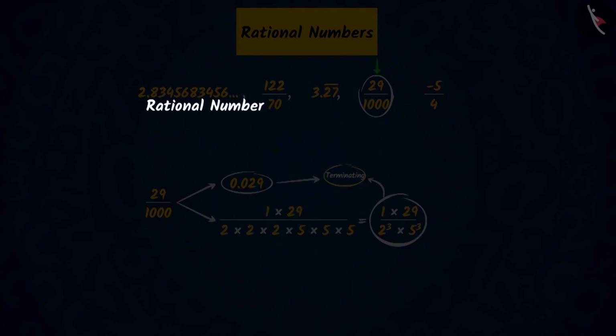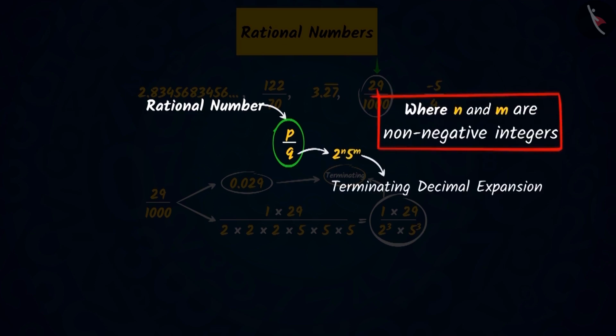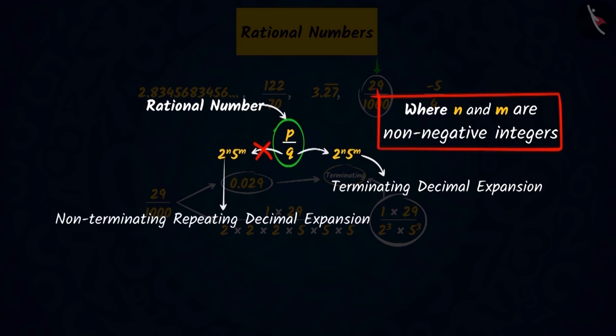Because we learned that in a rational number p upon q, if q is in the form of 2 raised to n into 5 raised to m, the decimal expansion of such a rational number will be terminating. And if q is not in the form of 2 raised to n into 5 raised to m, the decimal expansion of such a rational number will be non-terminating, repeating.